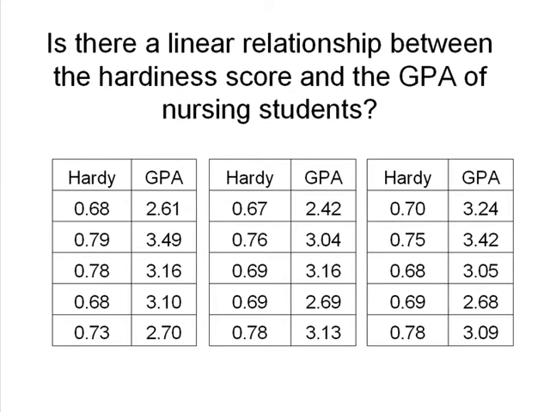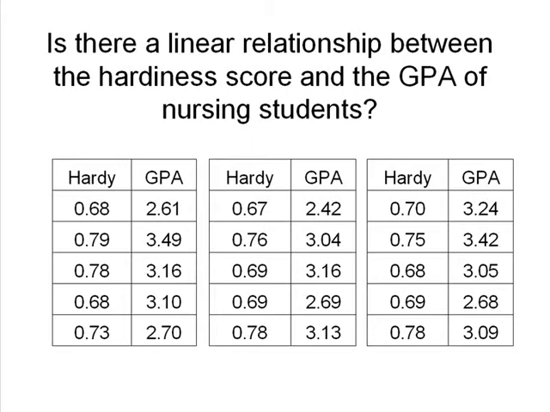Imagine that the fantastic faculty at a very high prestige nursing university, School of Nursing, had developed a scale which they thought would help predict how well first-year nursing school students would do in their first year of school. And they call that score the hardiness score.